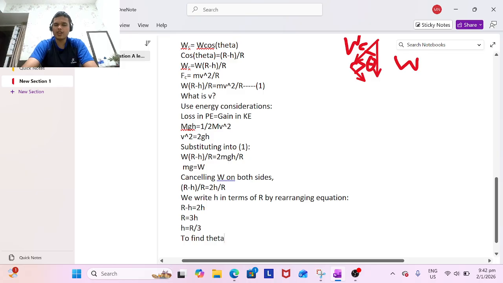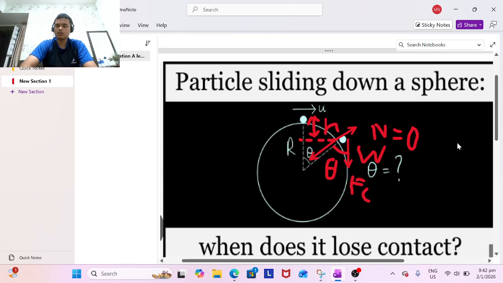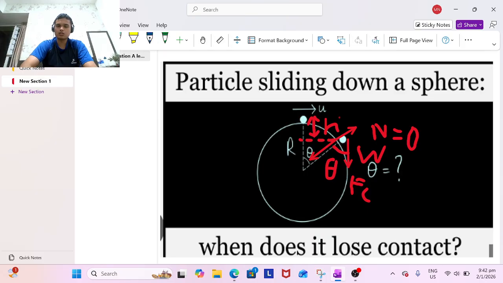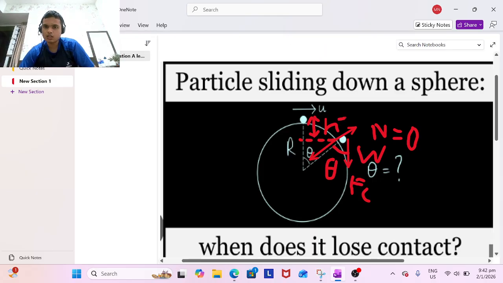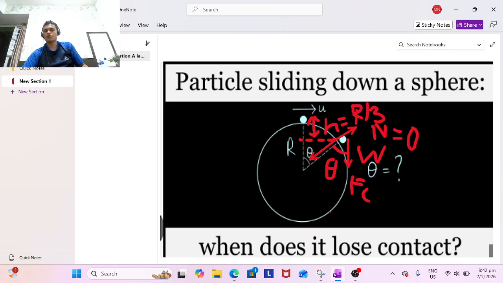To find theta, we found that this H is equal to R by 3.